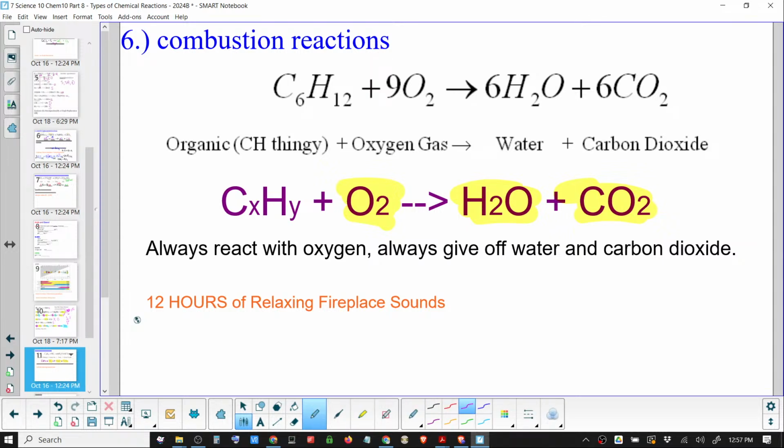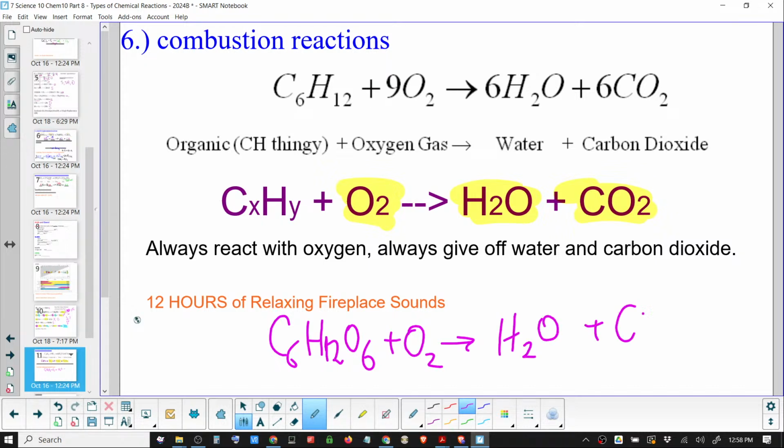The most common one being glucose. Where does this reaction happen? This happens in mitochondria. So the mitochondria take oxygen, they burn it, so you are literally a combustion engine. You give off H2O and CO2.